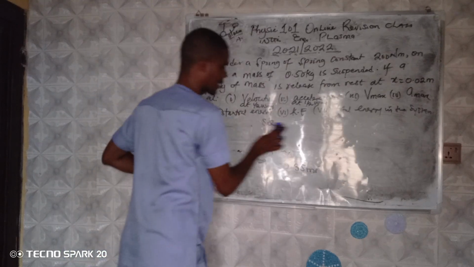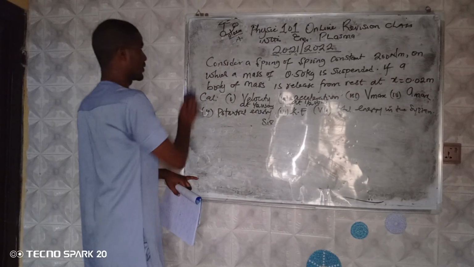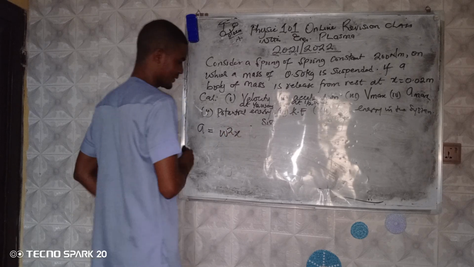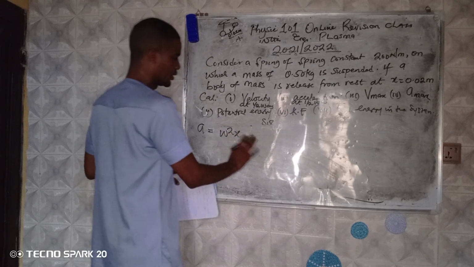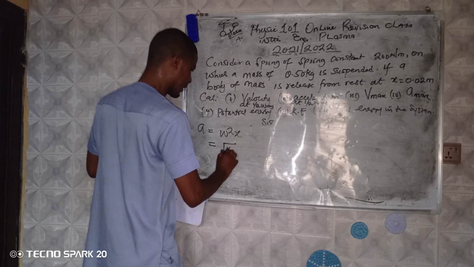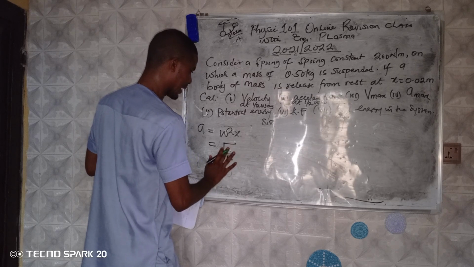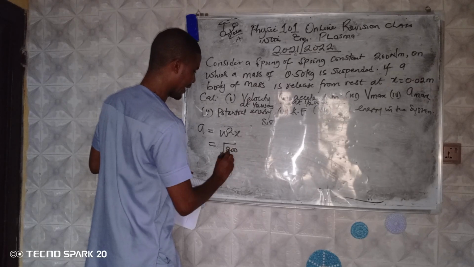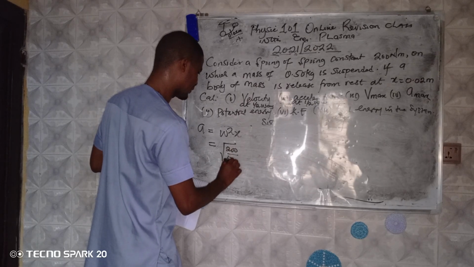The next question says we should calculate the acceleration halfway. So remember that acceleration is equal to W squared X. W is already root of K over M, where K is 200 and M is 500.